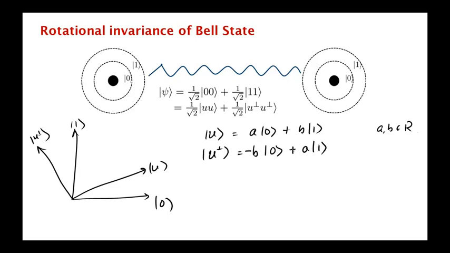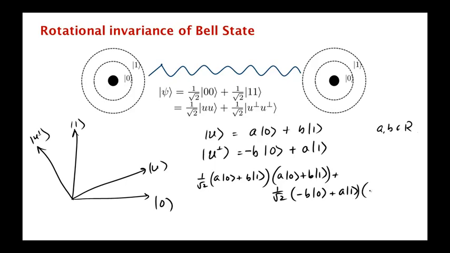And now what you would do is you would substitute this into this formula, and you'd say, well, what's 1 over square root 2 times u,u? It's just a0 plus b1 times a0 plus b1, plus 1 over square root 2 times u perp,u perp, which is minus b0 plus a1 times minus b0 plus a1.